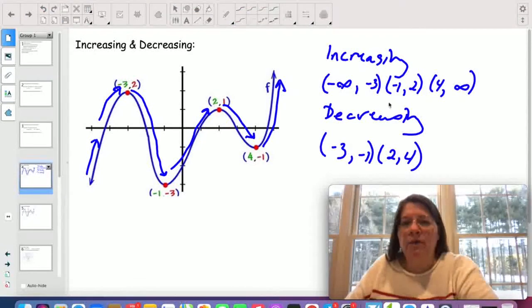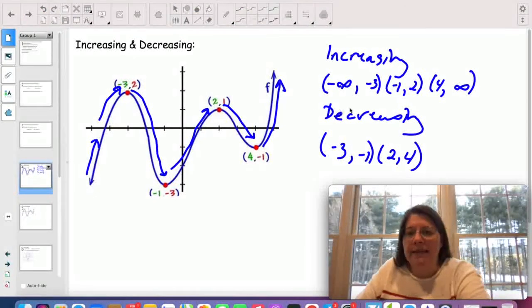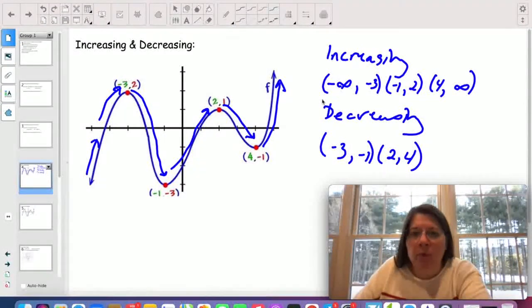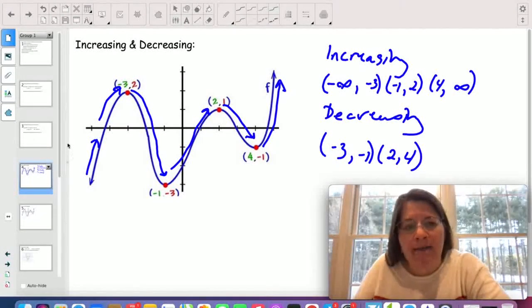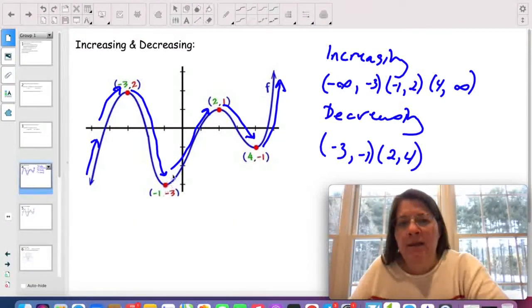So to do a quick review about how to write increasing and decreasing intervals, remember we use set notation to do that. And we're talking about the x values of the function. So as x goes from negative infinity until it gets to -3, it is increasing. It's increasing again from -1 to 2, and it's increasing again from 4 to infinity.